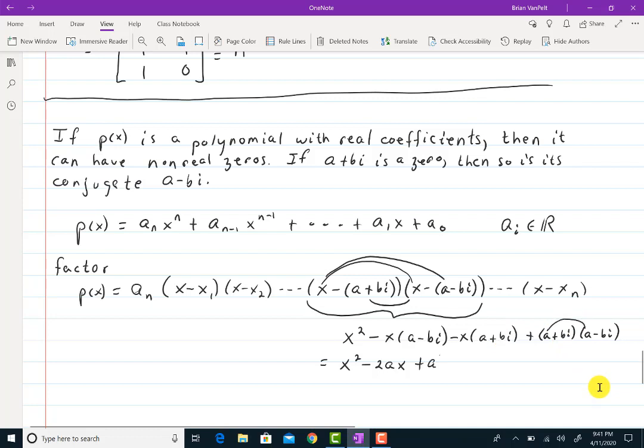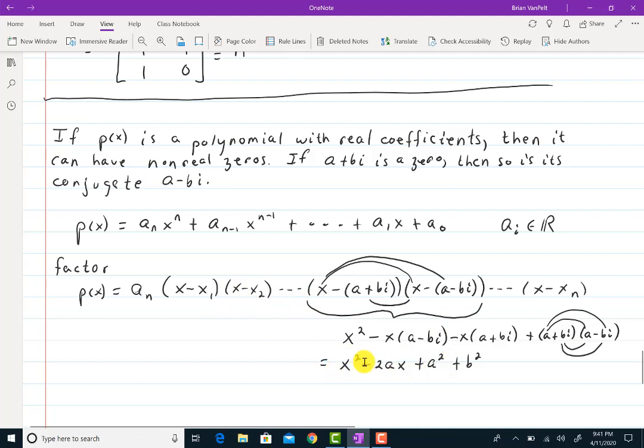I'll get a squared. And then look what happens when I do the next FOIL. I'll get negative abi, but then in the inner, I'll get positive abi, and they go away. For the last, I'll get negative bi squared. Well, remember, that's the same as plus b squared.